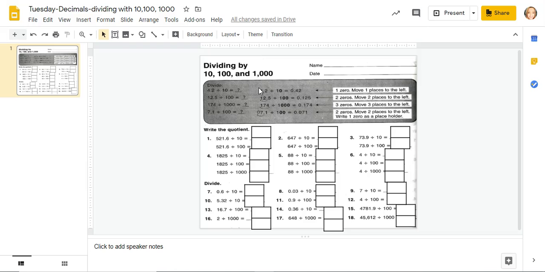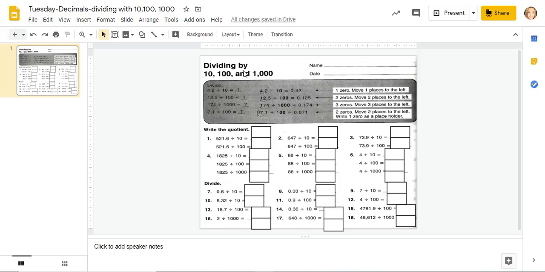No longer 4.2. Why? So now let me ask you, would it be better to have 42 cents or $4.20? Well, that's really what you're dealing with when you're dealing with decimals. You put it in money, and it's very simple to understand. So 42 cents is much less than $4.20.